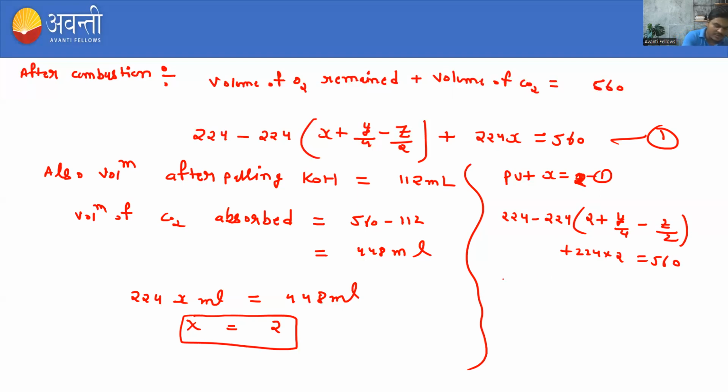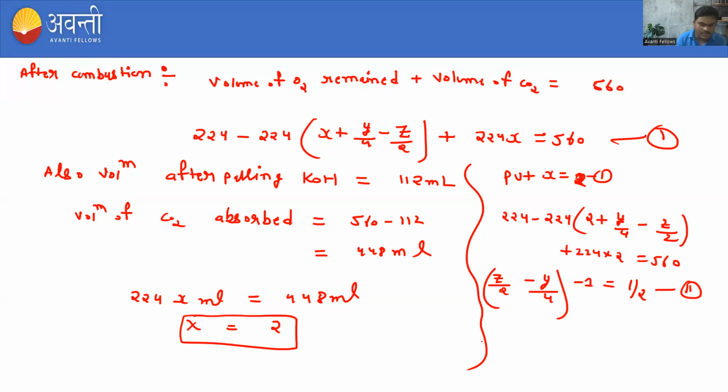So on solving, we get z by 2 minus y by 4 minus 1 is equal to 1 by 2. So this is another important equation, equation number 2.